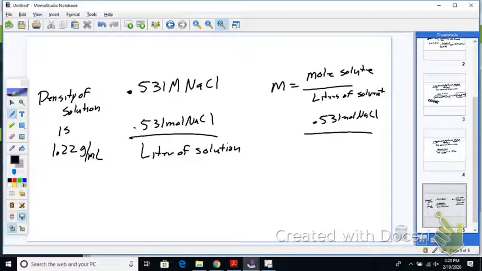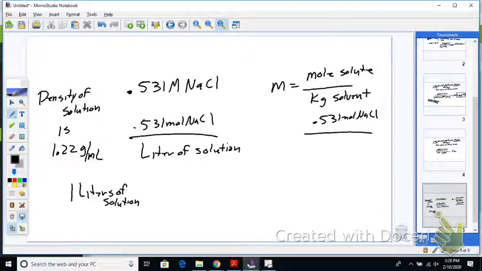Are we finding molality? Yep. So don't we need kilograms of solvent, not liters? Oh yep, sorry, kilograms. So I've got to find kilograms of solvent. If I have 1 liter of solution, I can find the total mass of my solution.